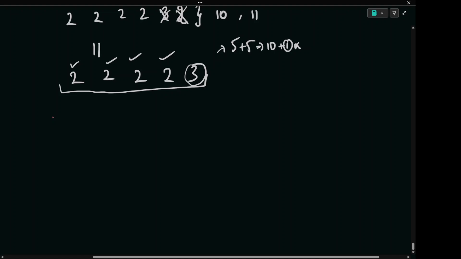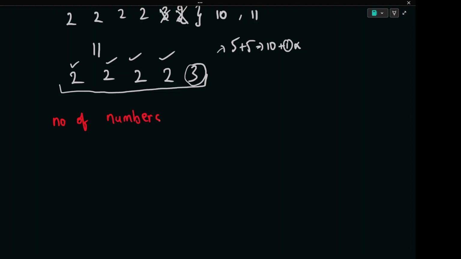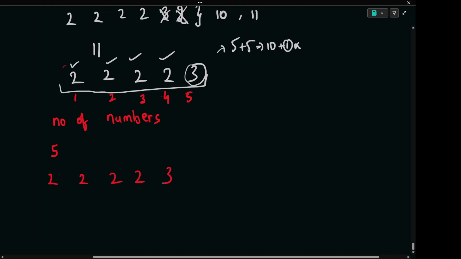They asked us for the number of numbers, right? How would you calculate it? For 11 it is 1, 2, 3, 4, 5: 5 numbers, and this is the answer. So you would print like this: 5, then 2, 2, 2, 2, 3.